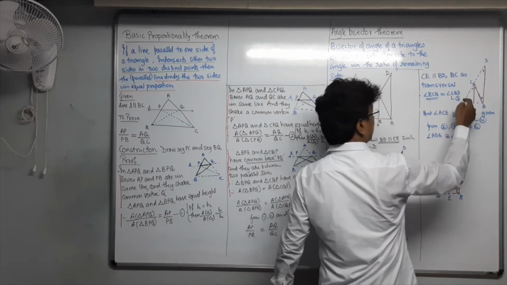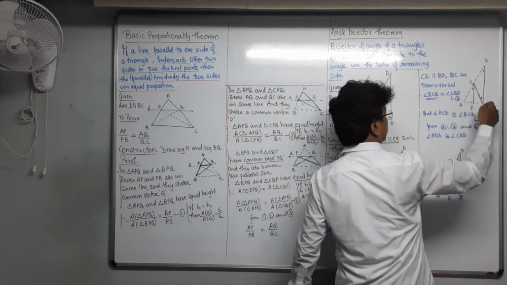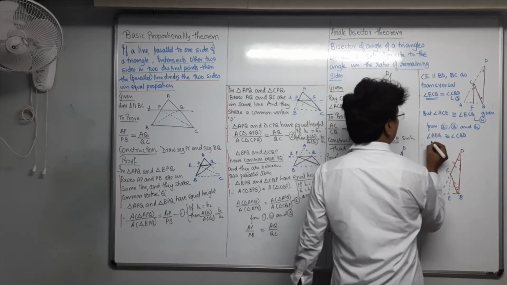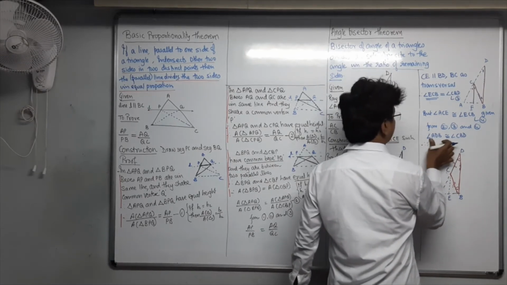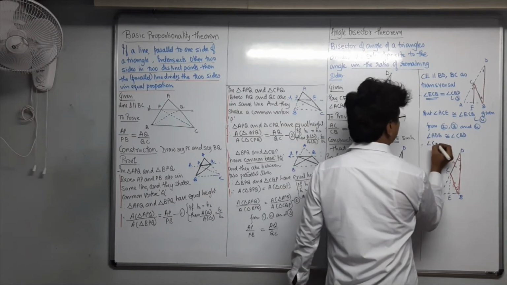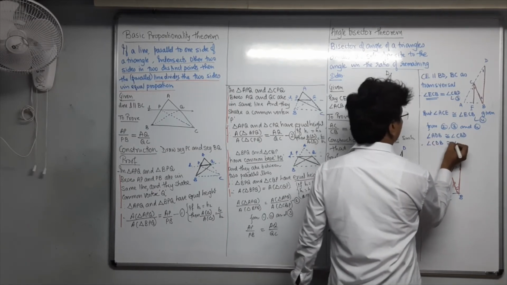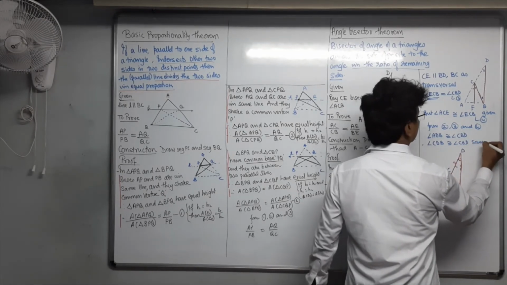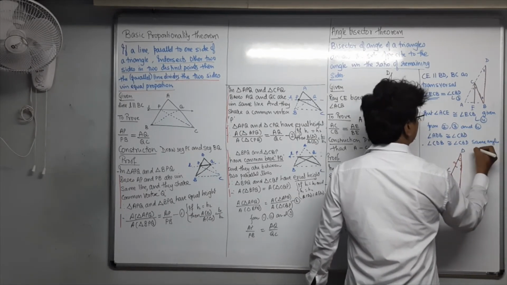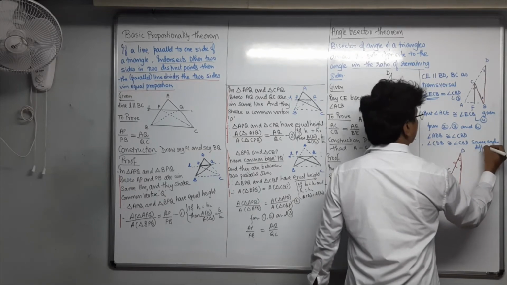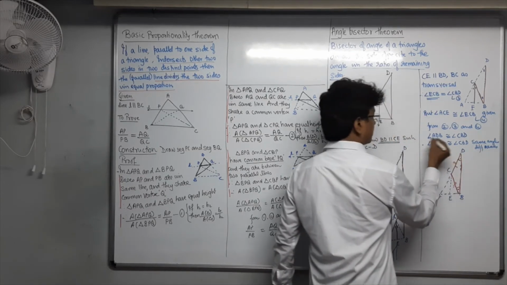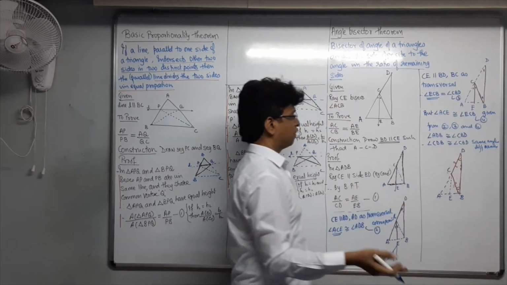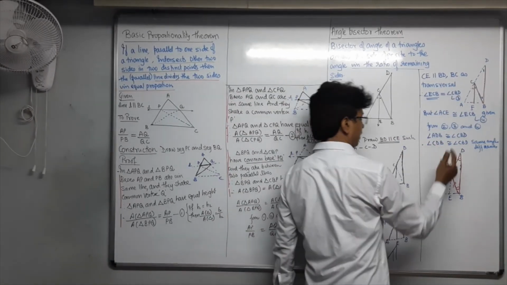ADB congruent to CBD, they both are congruent. Therefore, in place of ADB you write angle CDB is congruent to angle CBD. Basically same angles, different names. ADB and CDB are same angle, but different names. So CDB is congruent to CBD.